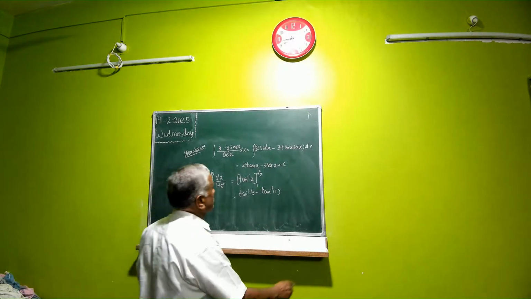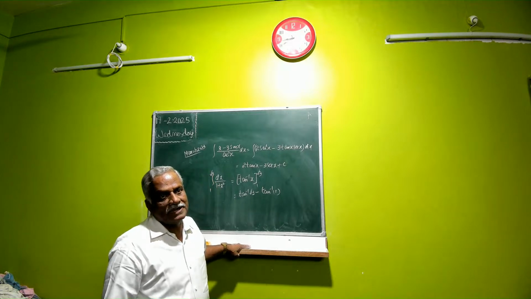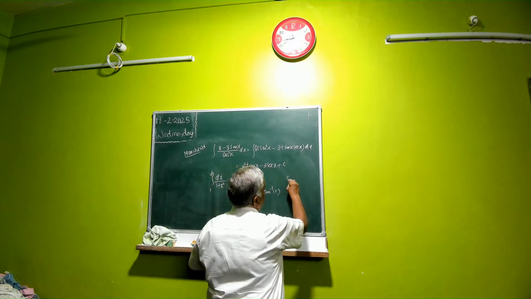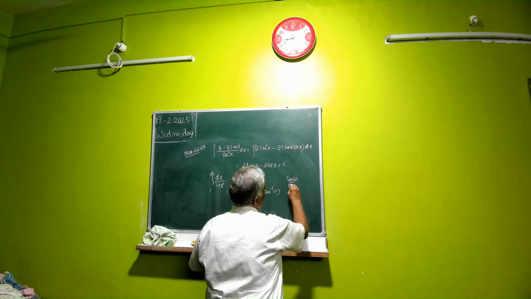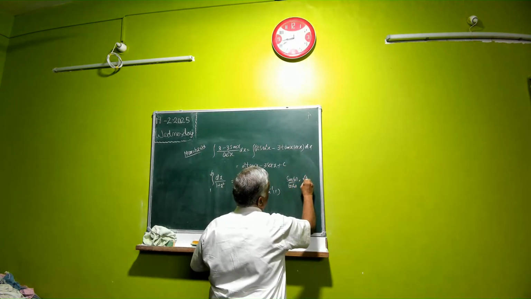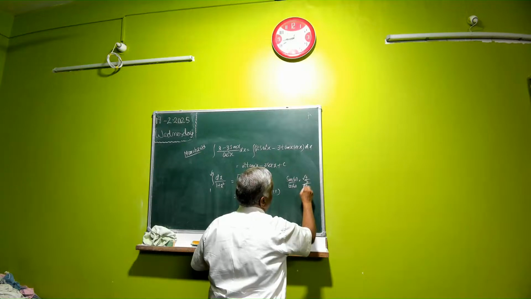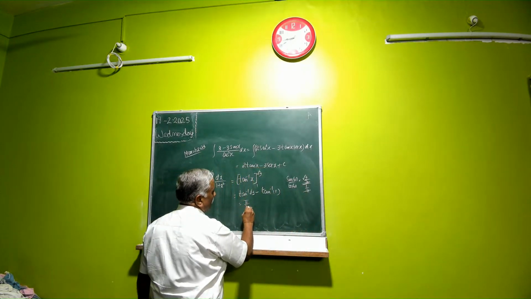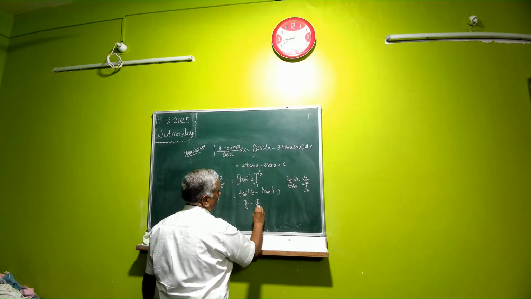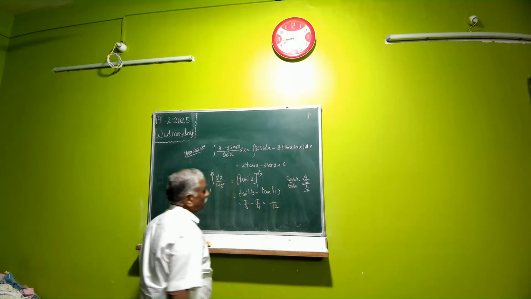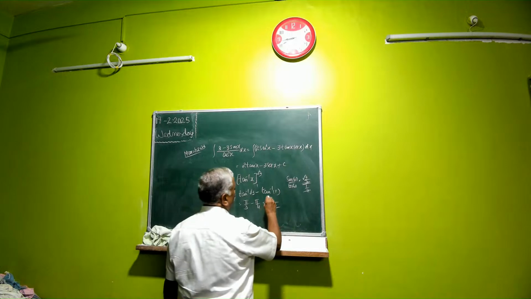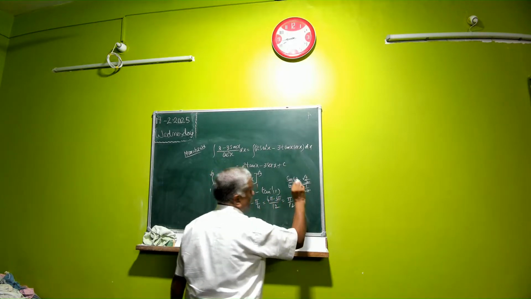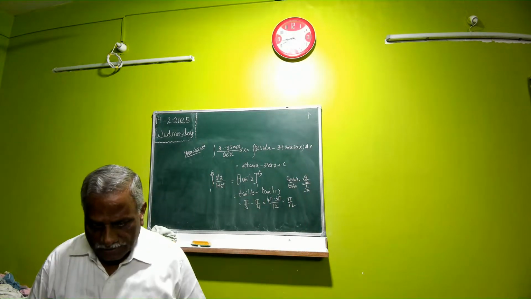Tan inverse root 3 is pi by 3, since sin 60 by cos 60 is root 3 by 2 divided by half. So this is pi by 3 minus pi by 4. 12 is the LCM. So you get 4 pi minus 3 pi by 12, that is pi by 12.